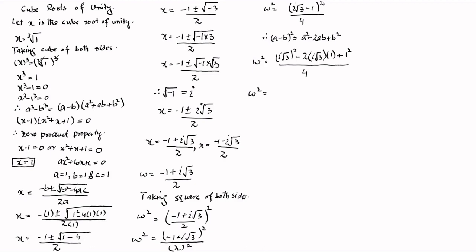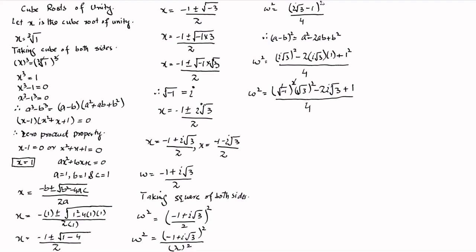So omega square is equal to, iota is equal to square root of minus 1, so we have iota square and under root 3 square, square is separated for both the terms, and inserting the value of iota, minus, and 2 multiplied with 1 is 2 iota square root 3 plus square of 1 is 1, divided by 4.